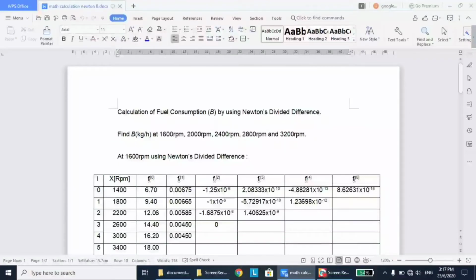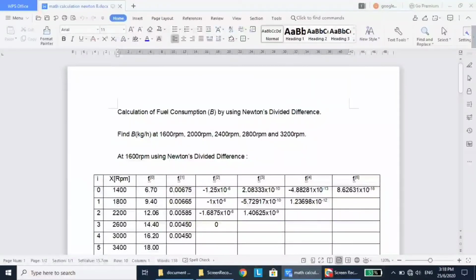The question is: calculate fuel consumption by using Newton divided difference. Find B in kilogram per hour at 1600 rpm, 2000 rpm, 2400 rpm, 2800 rpm and 3200 rpm.